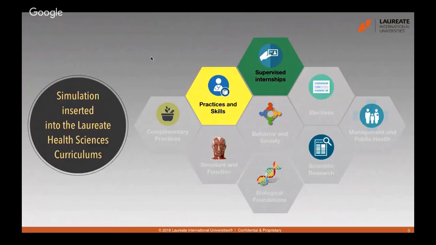For us, simulation has to be inserted in our curriculum, especially in the blocks of practice and skills and supervised internships, the yellow block and green block, because simulation is part of our students' journey to become competent and ready to their professional life. Okay, but finally, what is simulation?